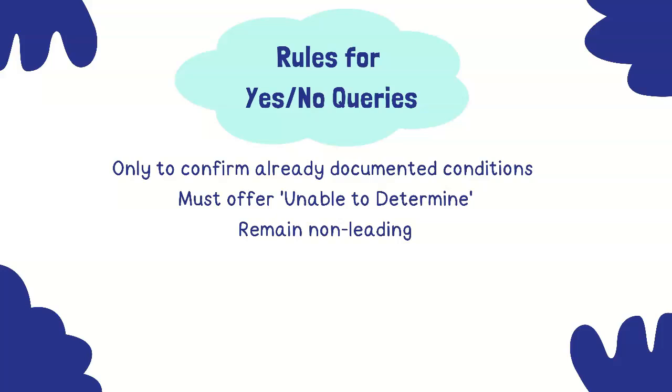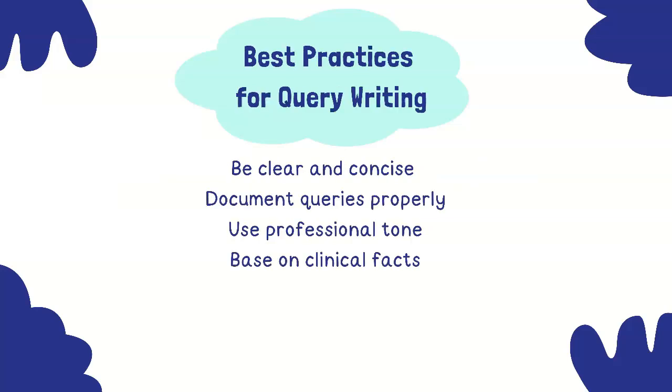You must always offer up "unable to determine" as a choice. Improper use of yes/no queries can create compliance risks and make it seem like you are leading the provider. And what did we say from the beginning? Ethical, compliant query.